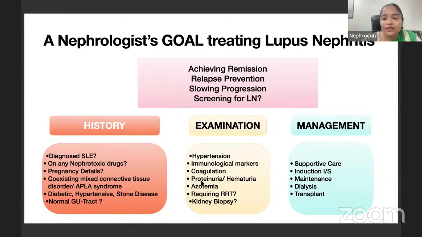Nonetheless, a positive ANA, dsDNA, and low complement levels make our job easier. And then we move on to immunosuppression therapy. This is a short slide having everything we do as nephrologists to treat lupus nephritis.